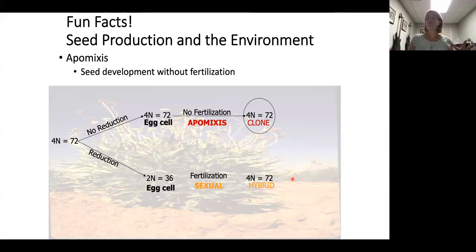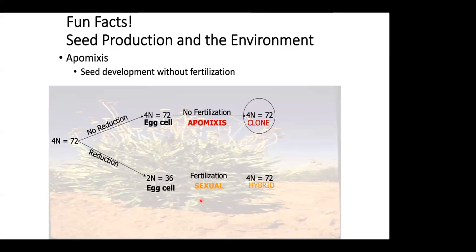As we've learned more about them, what we found is that because they grow in the desert, the closer they are to the maternal plant, the more likely they are to reproduce by apomixis, because that plant already has all the characteristics it needs to survive really well where it is.